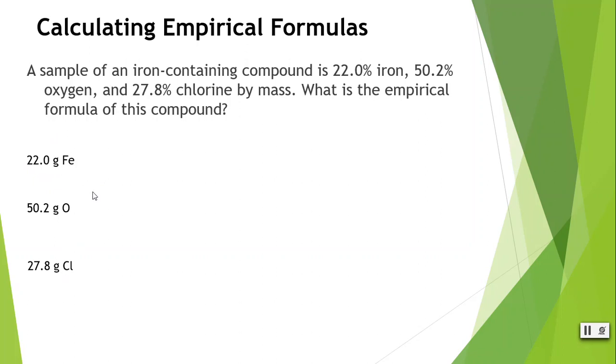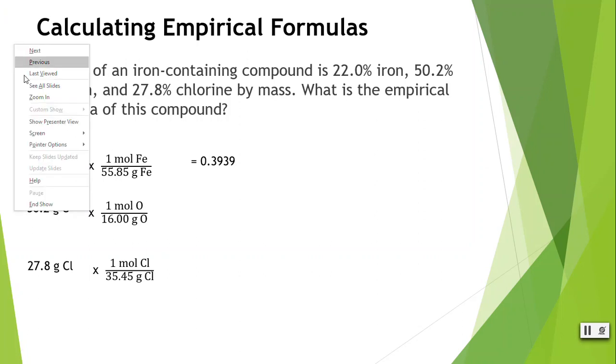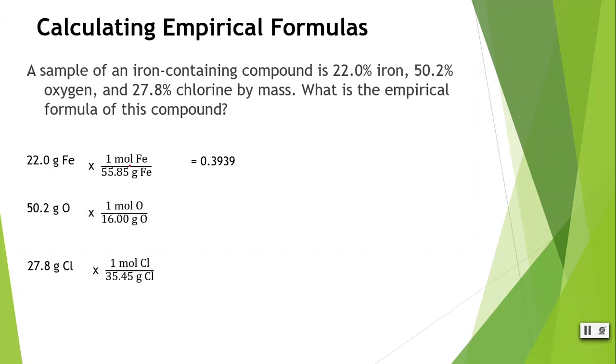Step 1 complete. Step 2, convert your grams of substance, your grams of element, into moles of element by using that substance's molar mass, which in this case is for iron, and for oxygen, and for chlorine. Oh, I haven't done the division yet. Let me get my pointer here. I wrote the molar mass of those so that my gram units cancel.